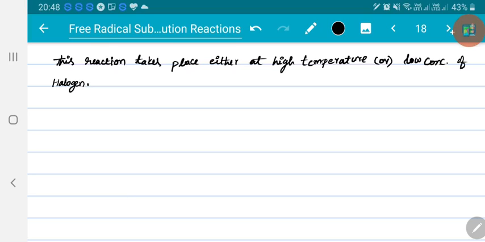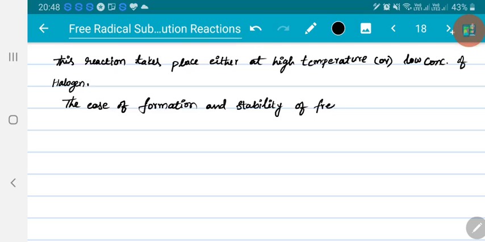And another one, already we discussed the ease of formation and the stability of free radicals. They follow some order.